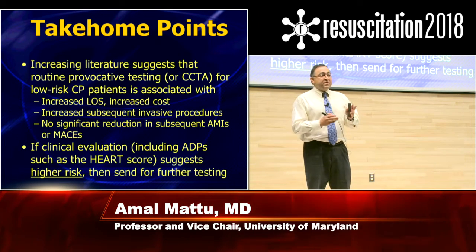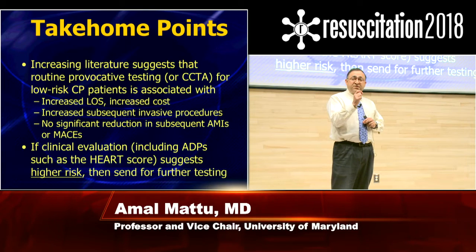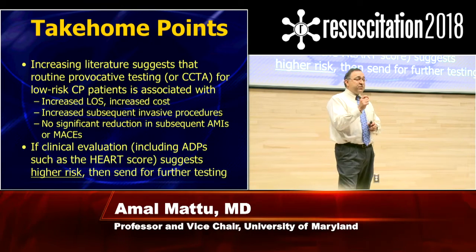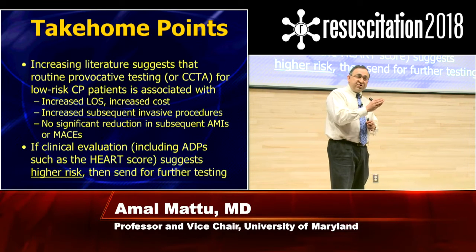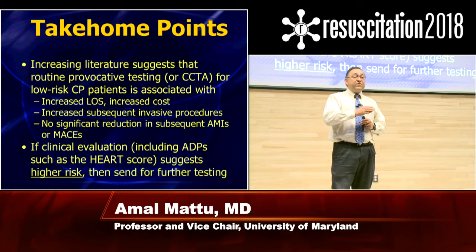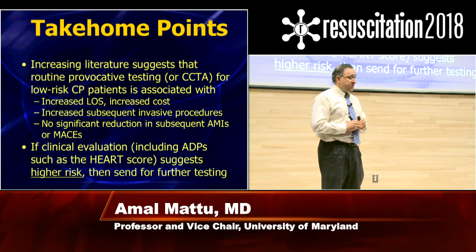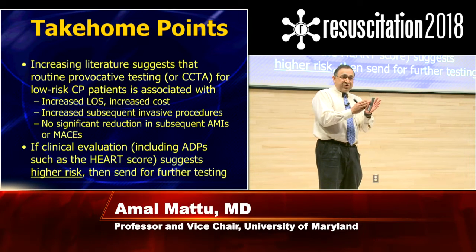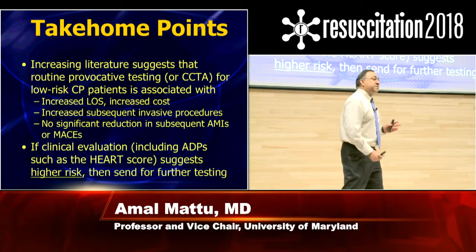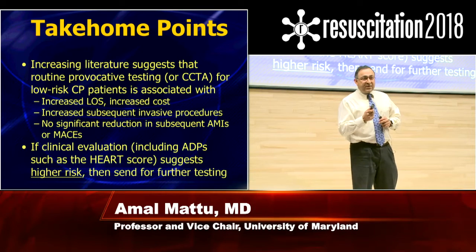We've got literature saying that if the risk of adverse event is under 2%, you're more likely to get a false positive stress test than a true positive stress test. In other words, if your risk is under 2%, doing a stress test is simply running up the bill with no increase in benefit.